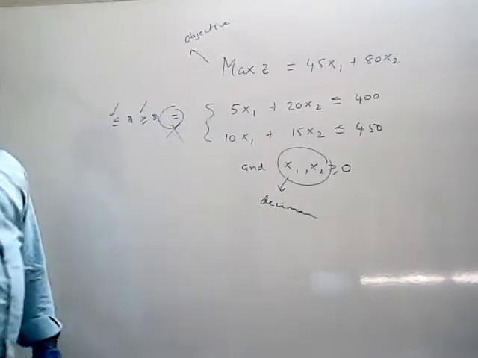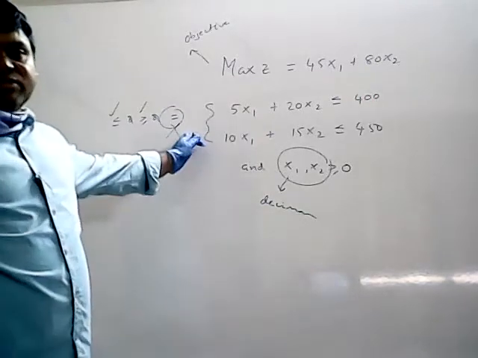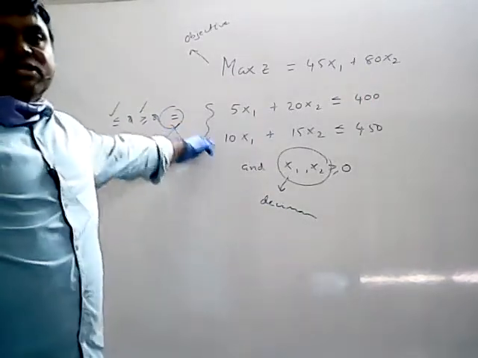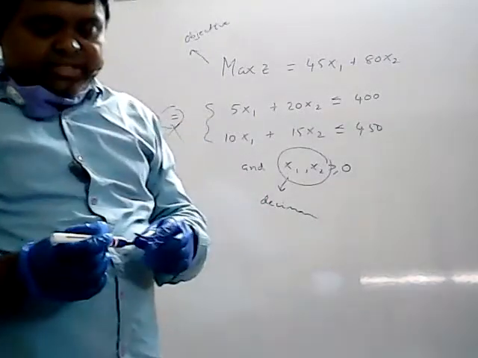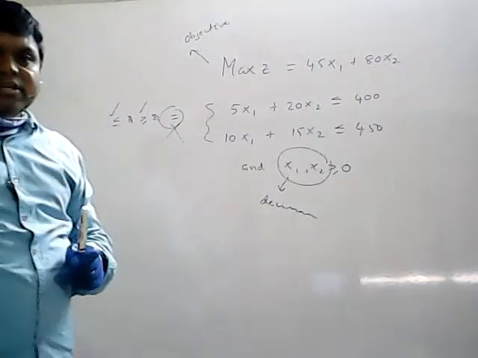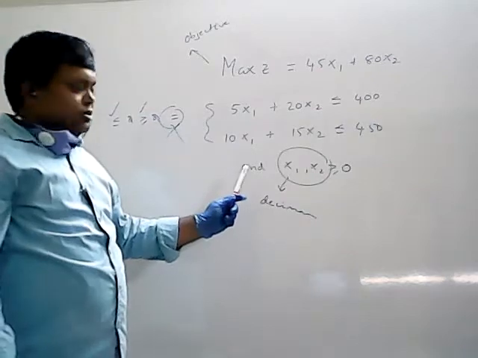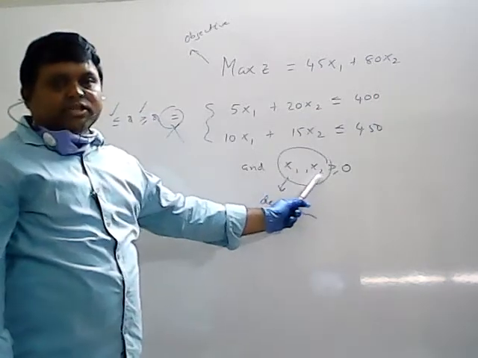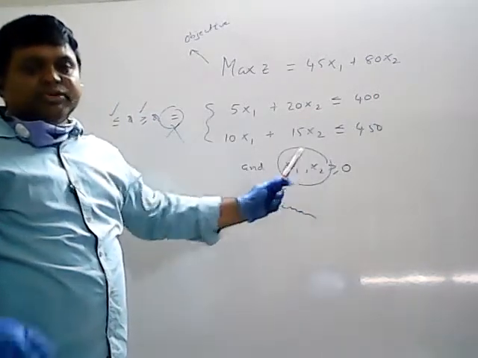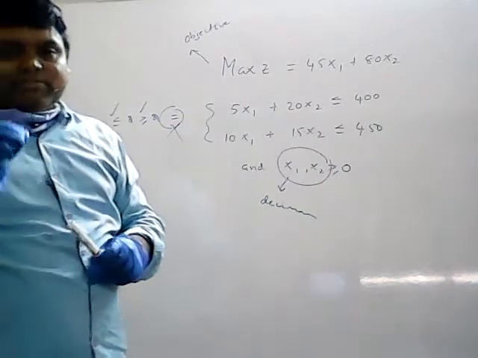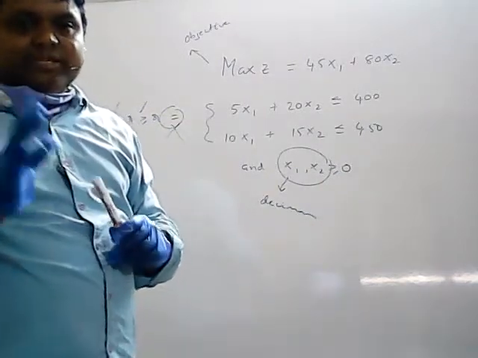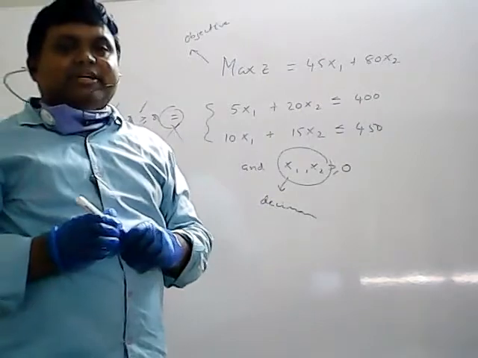If you have an equal type constraint, you cannot apply the graphical method. So simple LPPs of two decision variables can be solved by using the graphical method.